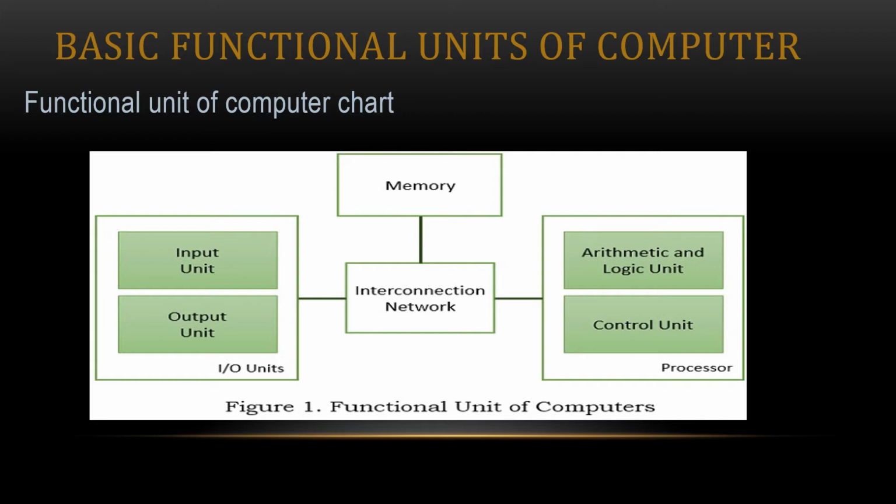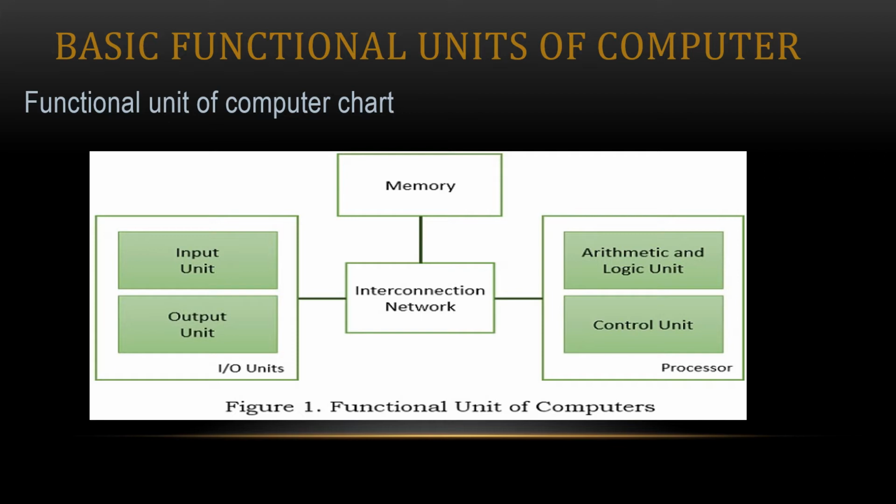Whenever these different functional units want to communicate with each other, it will be through this interconnection network. The input will accept the information from the outside with the help of input devices such as keyboard, and then the information will be stored in the memory and it will be processed by the arithmetic and logic unit.